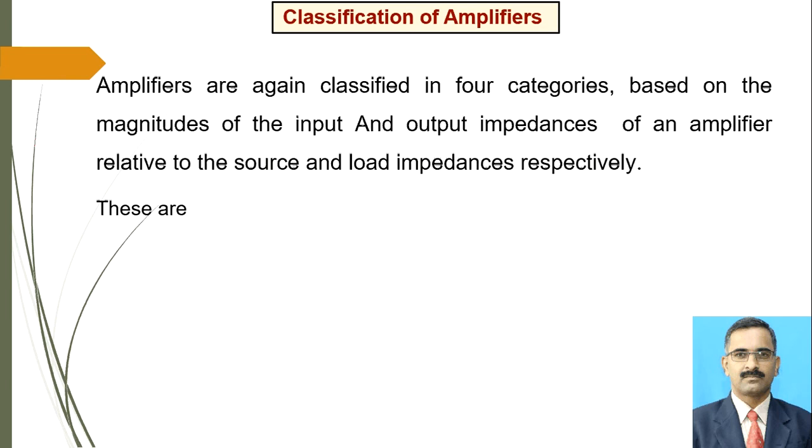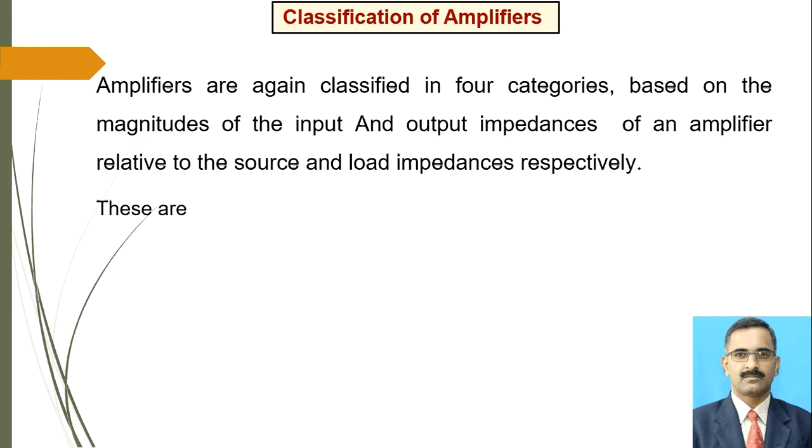That means whatever source you are considering for that amplifier and whatever load you are applying to it, by considering the magnitude of the input and output impedance, you are categorizing the amplifier. So these types are considered on this basis.